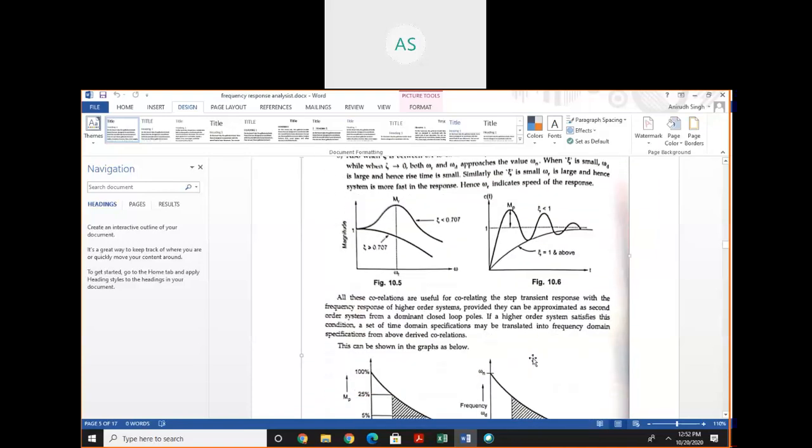Or we can say that this omega R, or resonant frequency, indicates the speed of response. If zeta is small, omega R is small, and hence the system is faster in response. Hence omega R indicates the speed of response.